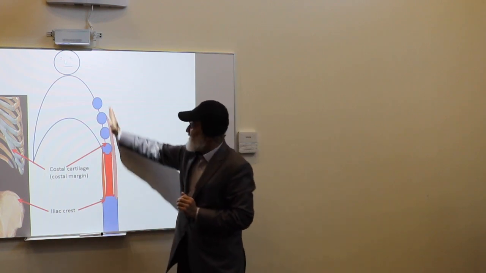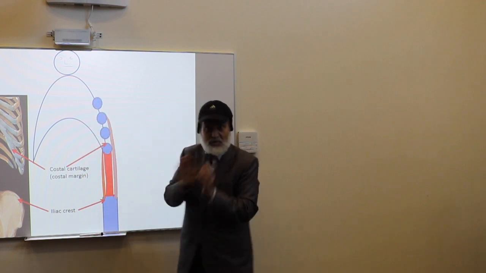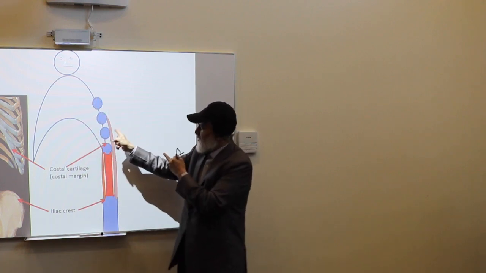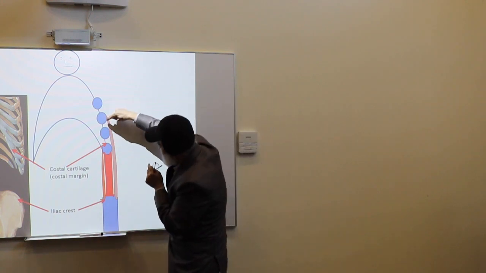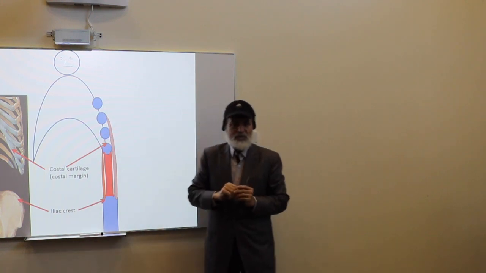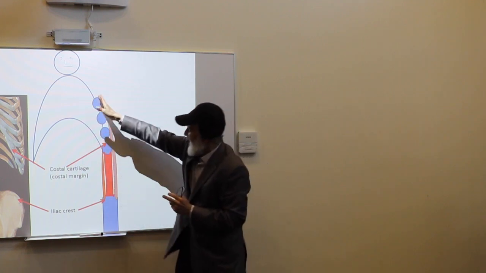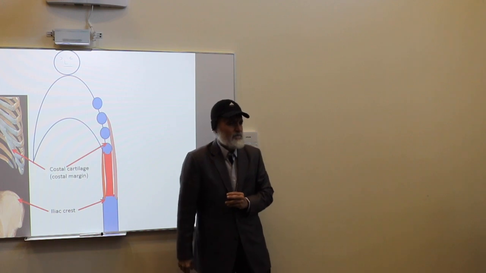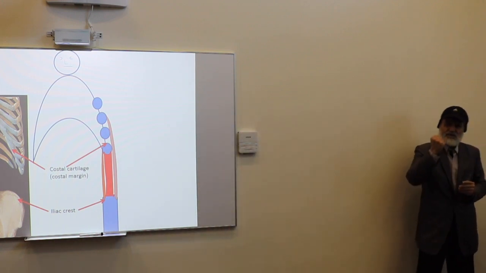External oblique is external oblique, outside this realm. Are you following me? So external oblique does not correspond to the external intercostal, which is here. External intercostal, internal intercostal, innermost intercostal, and the ribs correspond to internal oblique, the master muscle of the abdomen.